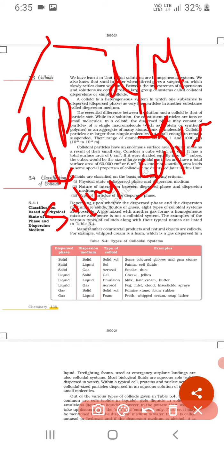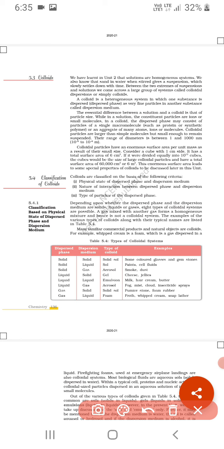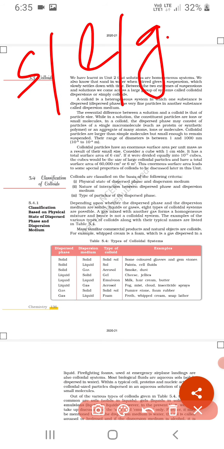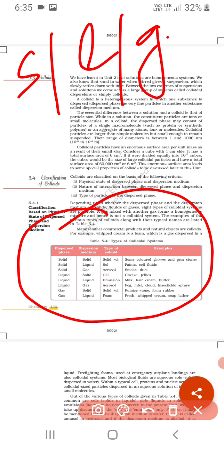So, we are going to discuss the classification of colloid on the basis of physical state of dispersed phase and dispersion medium, right? Physical state means solid, liquid or gaseous state. In this, we have to discuss this topic in tabular form. In this first topic, it is written as solid dispersed phase, solid dispersion medium.